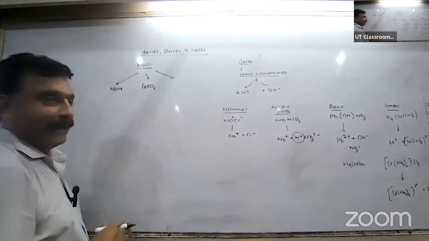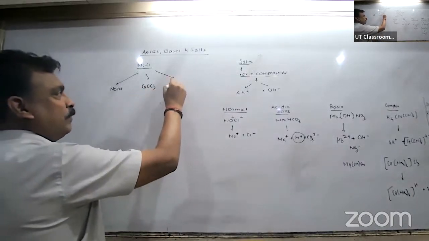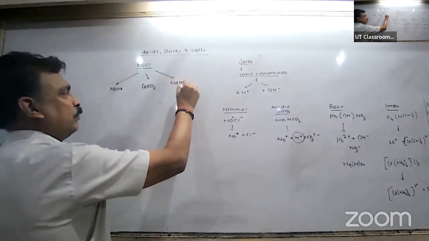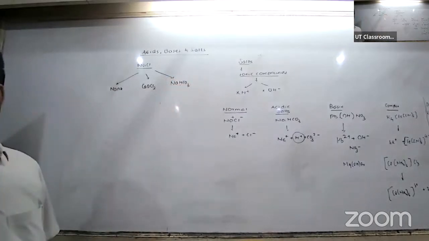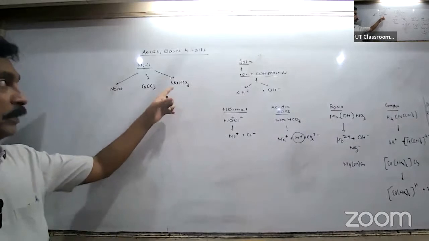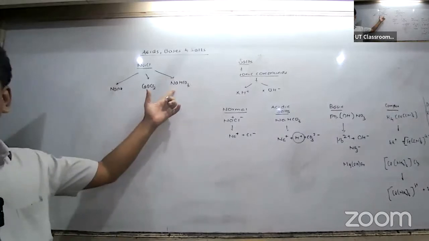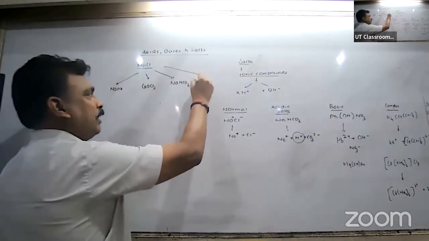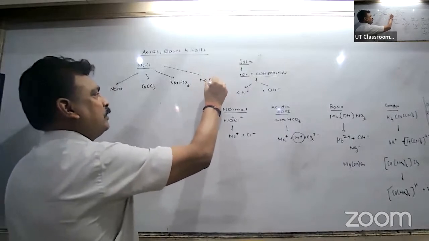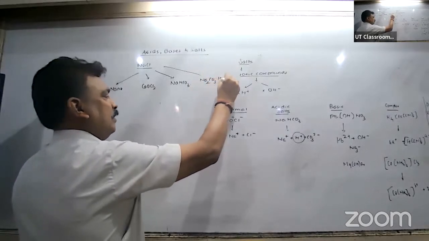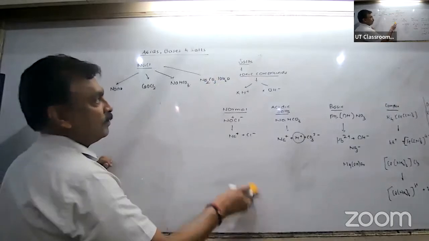Bleaching powder. And third is what? For example, sodium bicarbonate. What is the formula for sodium bicarbonate? It is baking soda. Then next is sodium carbonate, which is washing soda, just like the washing powder Nirma, if you remember. Okay?